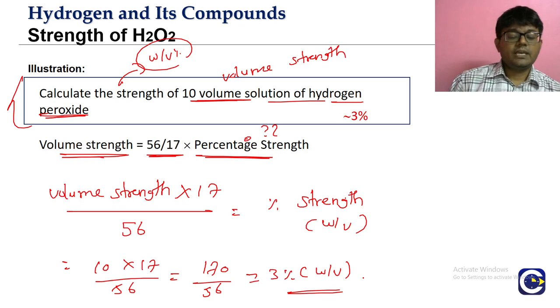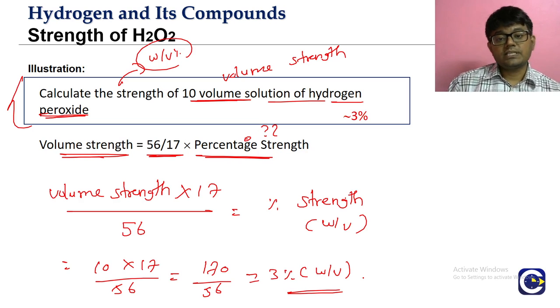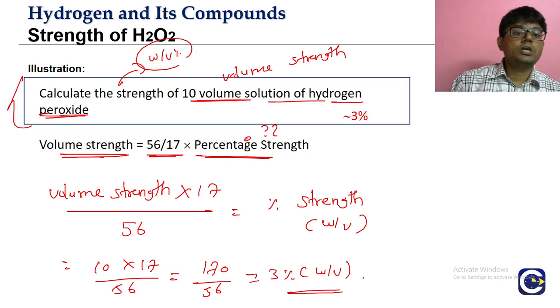weight by volume. So this is a very standard question. If you take a 10 volume solution of hydrogen peroxide, what will be the weight by volume strength of that? 3%.